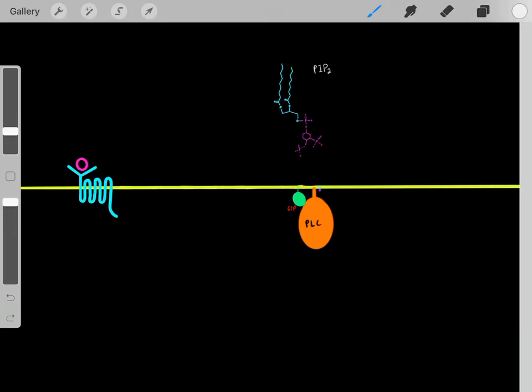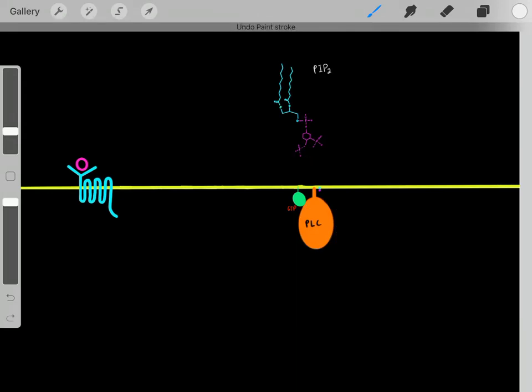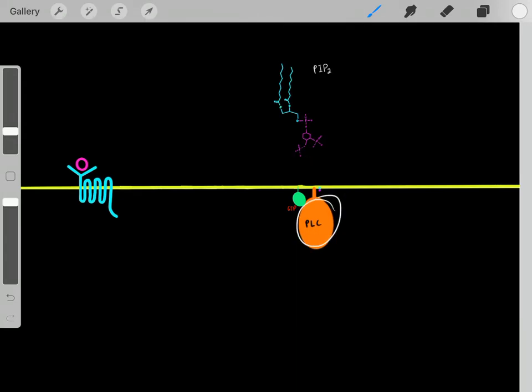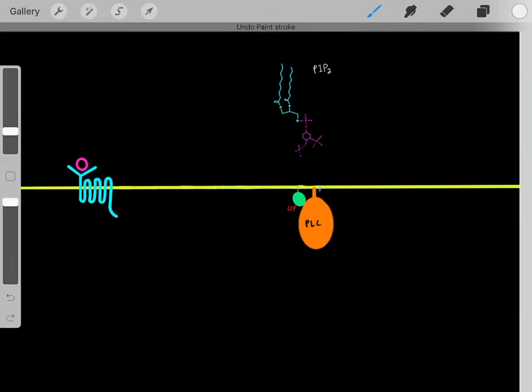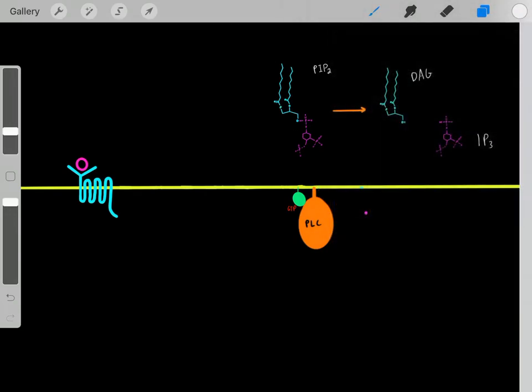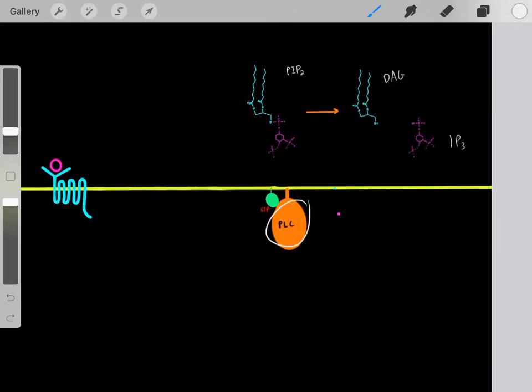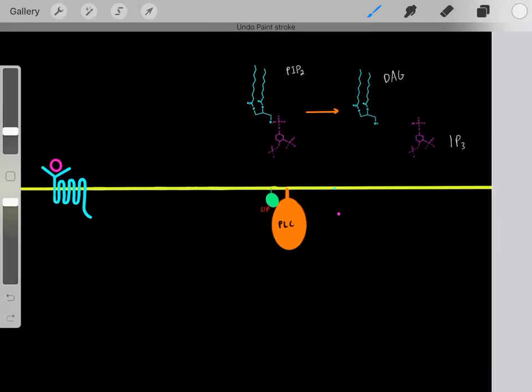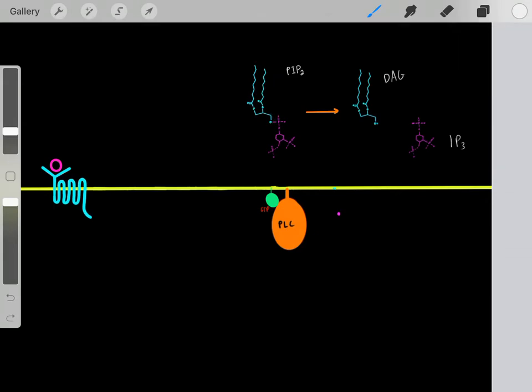Once this phospholipase C is activated, it will act as a lipase on this PIP2, hydrolyzing this phosphoester bond. When it hydrolyzes this bond of PIP2, it creates this DAG and this IP3. So this activated phospholipase C hydrolyzes this bond, creating a DAG and this IP3.